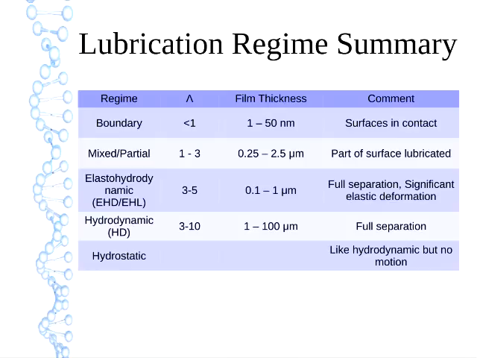Again, these are all kind of rules of thumb, not hard values. Our comments: full separation, significant elastic deformation, although oftentimes you're going to have some asperity contact, especially at first. Then you go to hydrodynamic lubrication, lambda ratio 3 to 10, film thickness 1 to 100 microns, and we've got full separation.